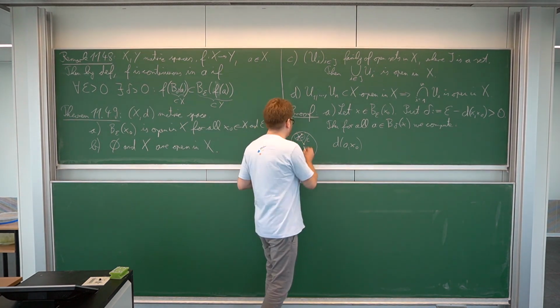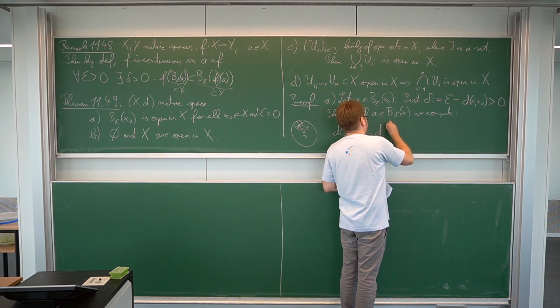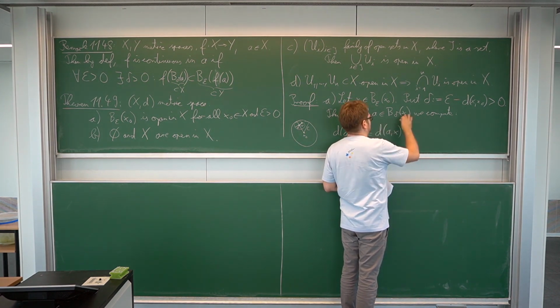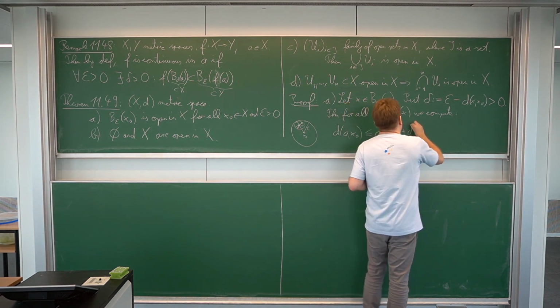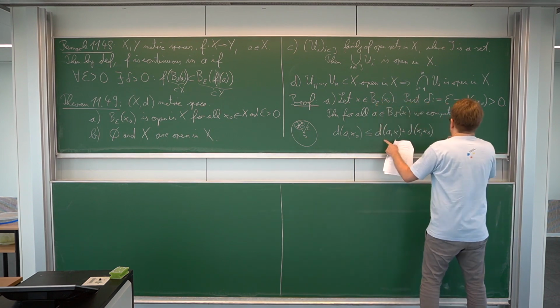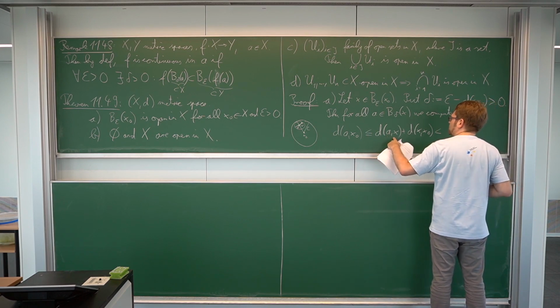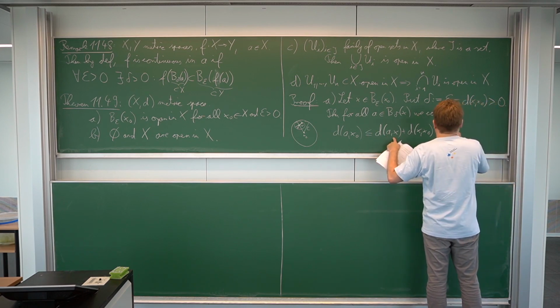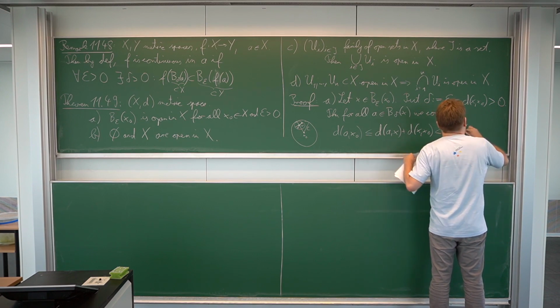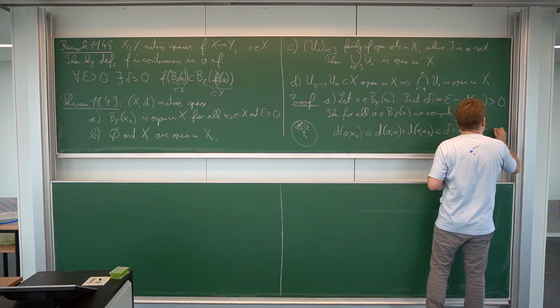So this is the triangle inequality. This is smaller than or equal to d(a, x) for this point x that we're studying, plus d(x, x0). And d(a, x), since a is in the delta ball, is smaller than delta, so this is smaller than delta plus d(x, x0), and just by definition of delta, this is epsilon.